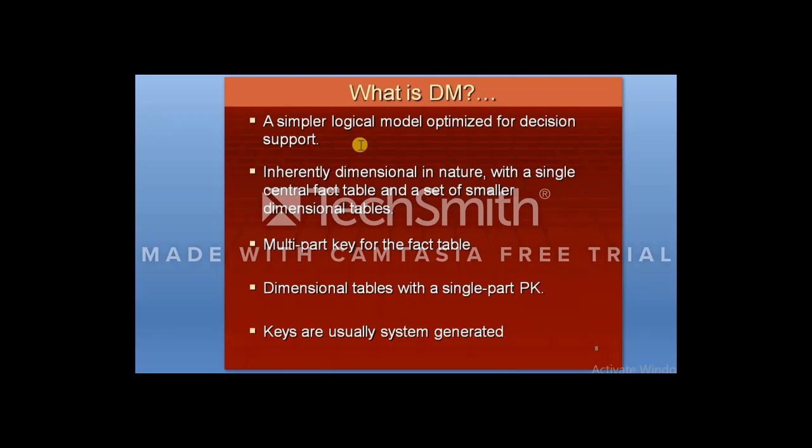So again, I will give you an example. Let's say we want to look at the profit of a company. The profit of a company is a numerical value which is inside the fact table, but that profit can be described in terms of product, region, store, province, and time.